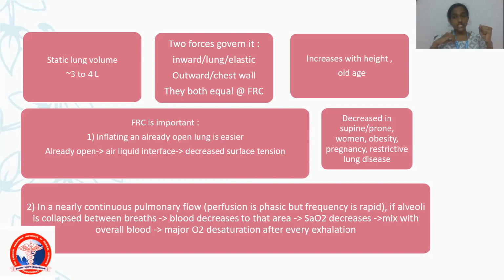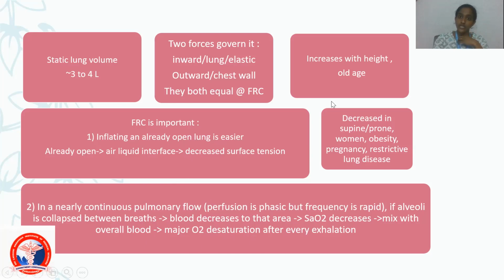But whenever ventilation is intermittent and only the perfusion is continuous, there will be many time periods where it won't take up the oxygen. So the deoxygenated blood itself will enter the left side of the heart. In order to prevent a major oxygen desaturation, we always need ventilation to be continuous. That's why the FRC will always remain, with a certain amount of oxygen that will provide the pulmonary blood with oxygen even during the expiration process.